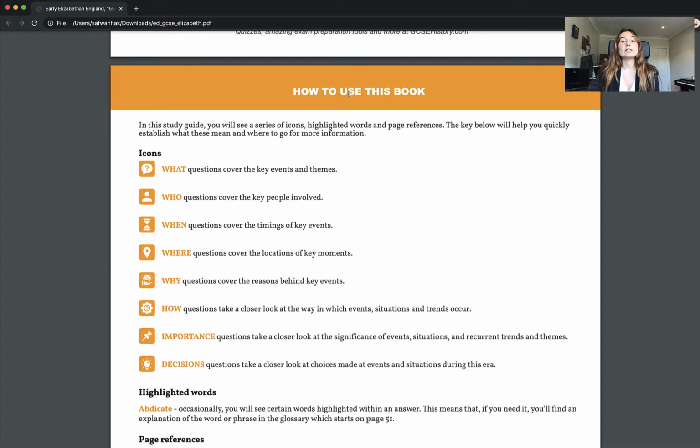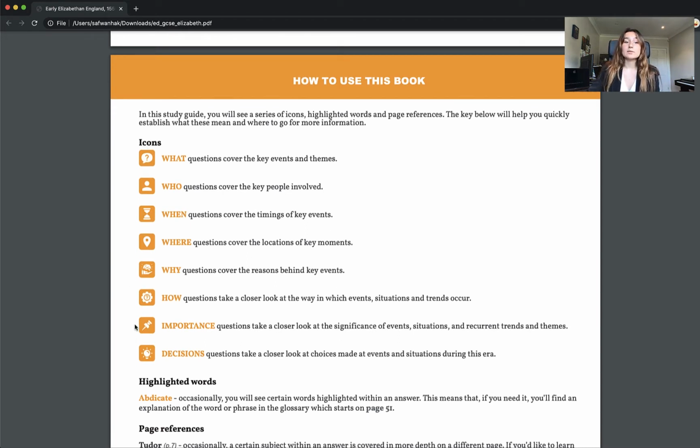Further on, we have how to use this book, which shows you the icons which are used throughout the book. So all icons correspond with the type of question that's being asked. So if it's a what question, there will be a little question bubble. If it's a who question, there will be a person in the icon, and so on and so forth.